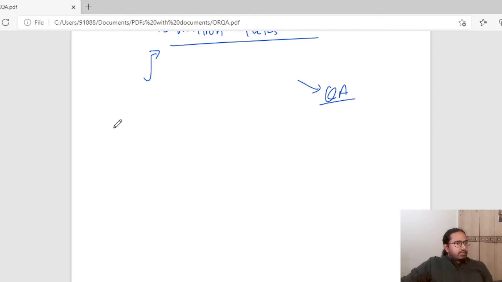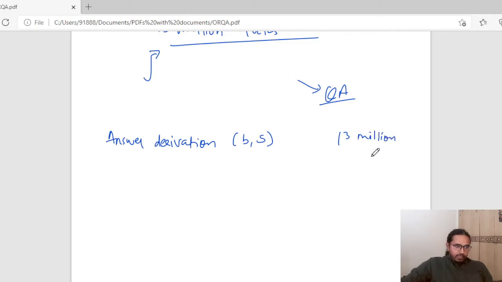Next, we have to understand what a possible answer derivation is. In our case, we identify an answer as a pair of the block and the span. Let's say out of the 13 million paragraphs that we just created, our answer is present in block number 100, and the exact answer span is from, let's say, 10 to 15.